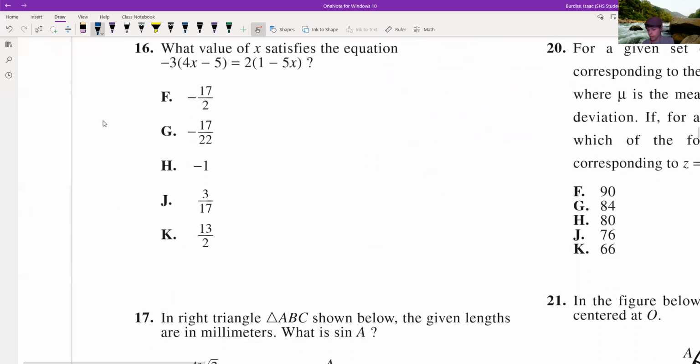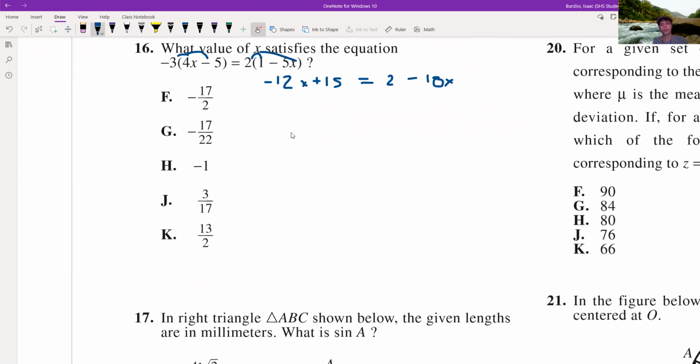Okay, what is the value of x, basically, is what it's saying. So we distribute. Right? And then over here, hopefully we know how to distribute. Remember, you do the first thing to the first, and then to the second thing.